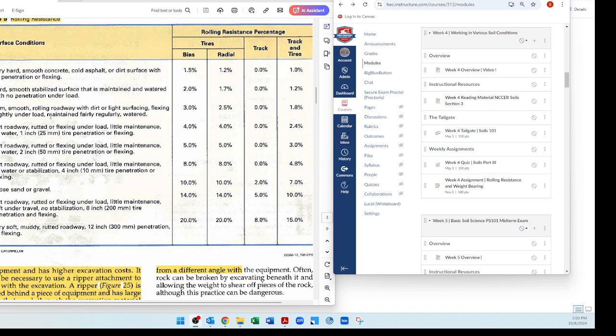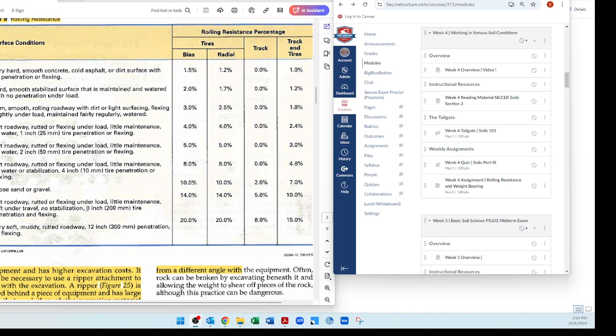That's fairly regular maintained. But look here, dirt roadway, rutted or flexing under load, little maintenance on the road, soft under travel, no stabilization. In other words, they haven't added anything like potash or lime or other stabilizers to it.